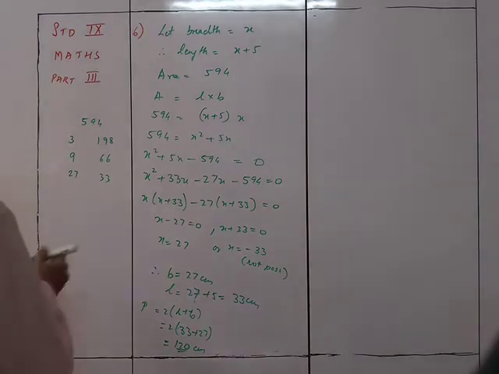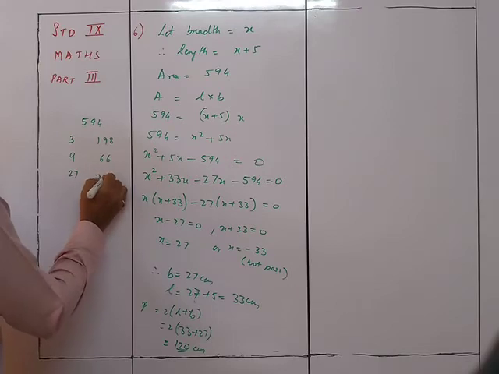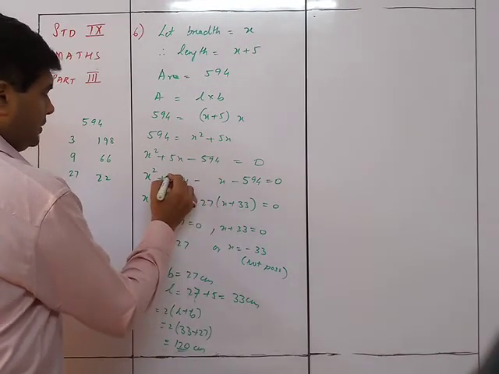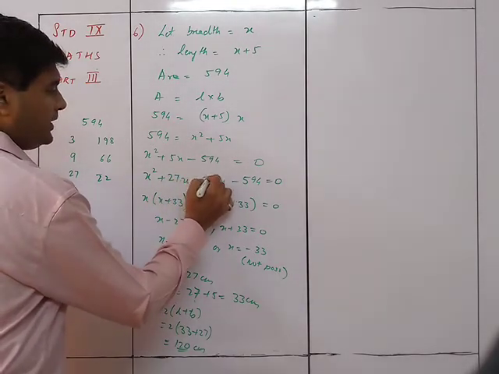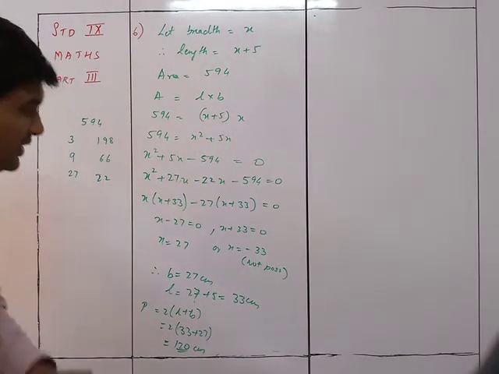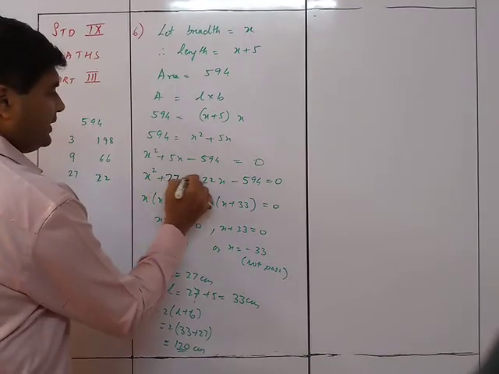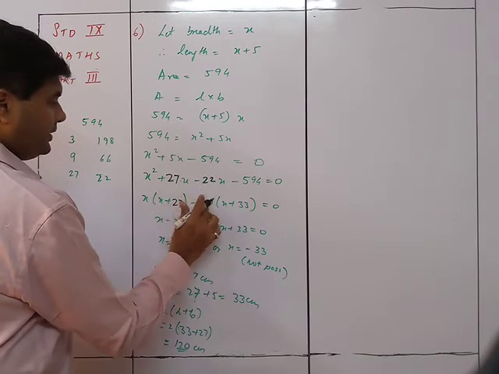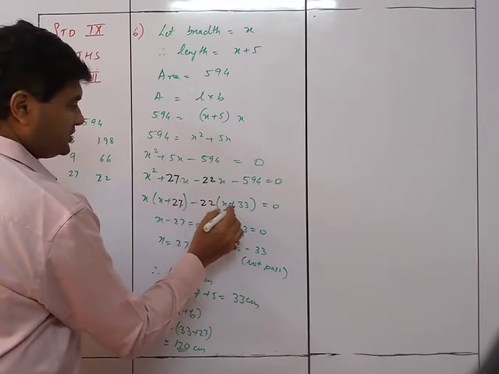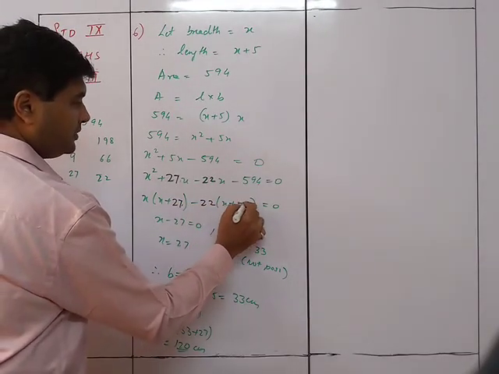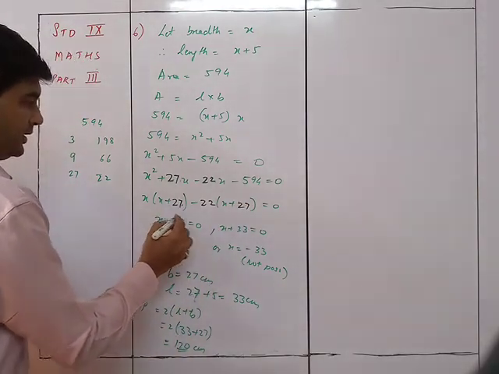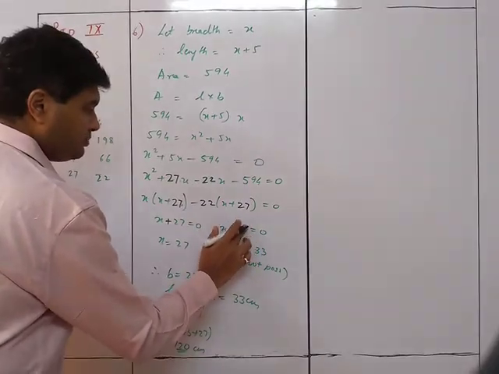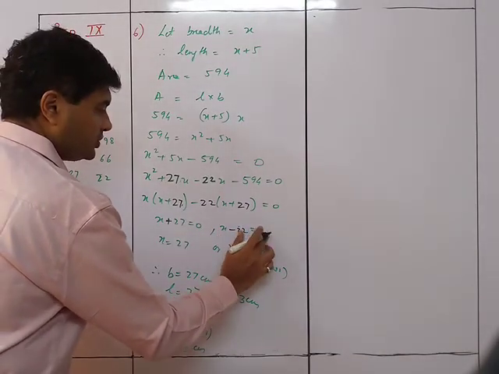Sorry, I made a mistake here. It's 22. So this is going to be 27 and 22. I'll just use another pen. This is 27 and this is 22. So you'll be getting 22 outside, so you get 27 here. So accordingly, x plus 27 is equal to 0 or x minus 22 is equal to 0.